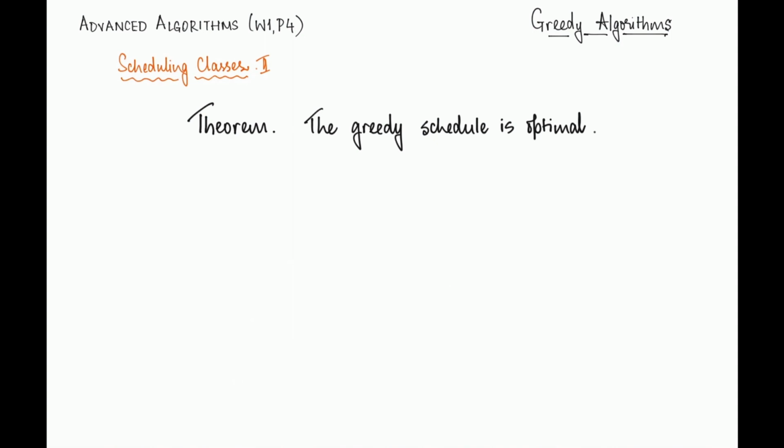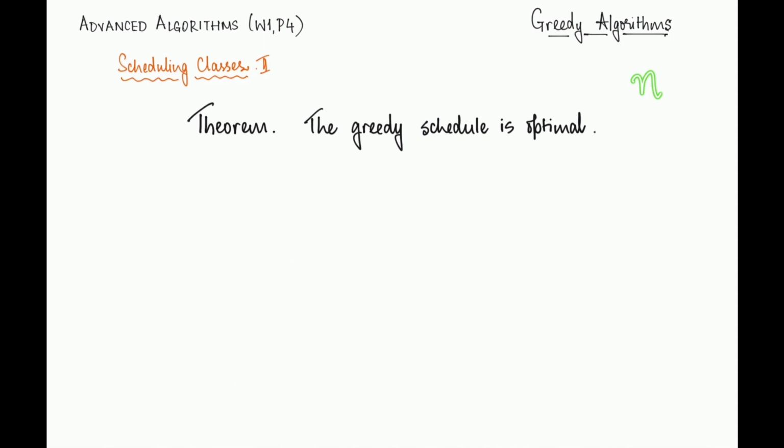Let's assume that we have an instance with some n intervals, and let the induction hypothesis be that the greedy algorithm does the right thing on any instance that has fewer than n intervals. When n is 1, there's practically nothing to prove, so that will count as our base case.